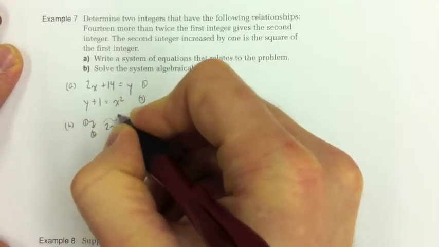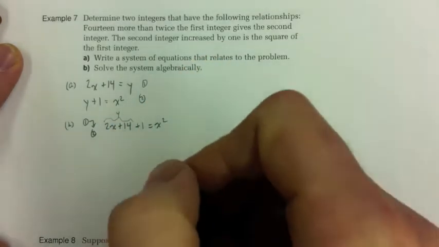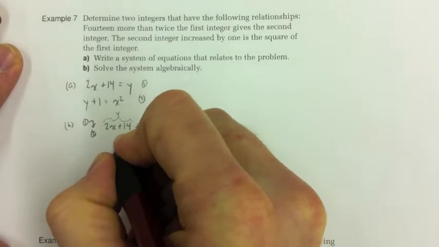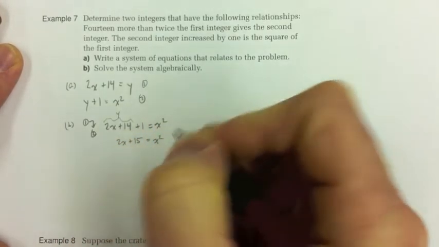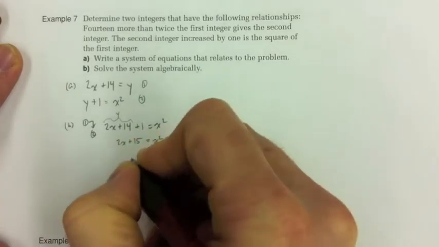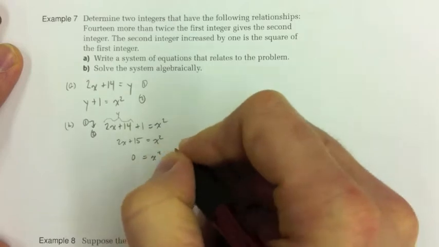Remember, this was y from the first equation. So we get 2x plus 15 is equal to x squared. This is a quadratic function, so we need to make it equal to 0 in order to effectively solve it.